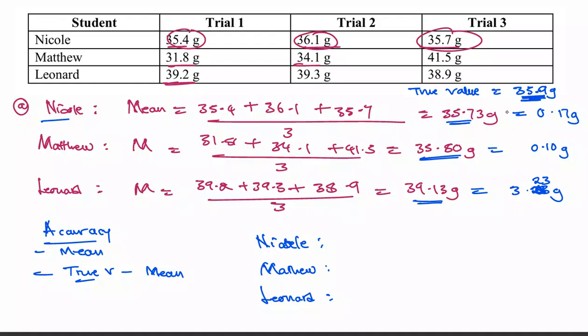So I'm going to look at the difference of the three students. The difference for Nicole is only 0.17 from the true measurement. This value is very small, hence this student was at high accuracy. Now when we look at Matthew, the error which he made, the difference, is just 0.1. So he had high accuracy also.